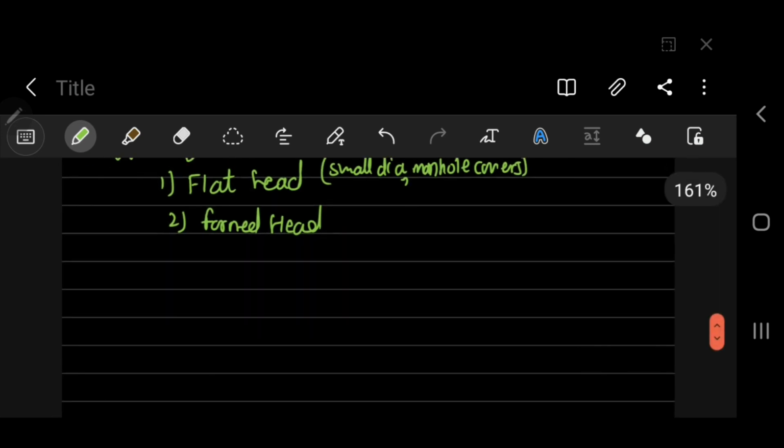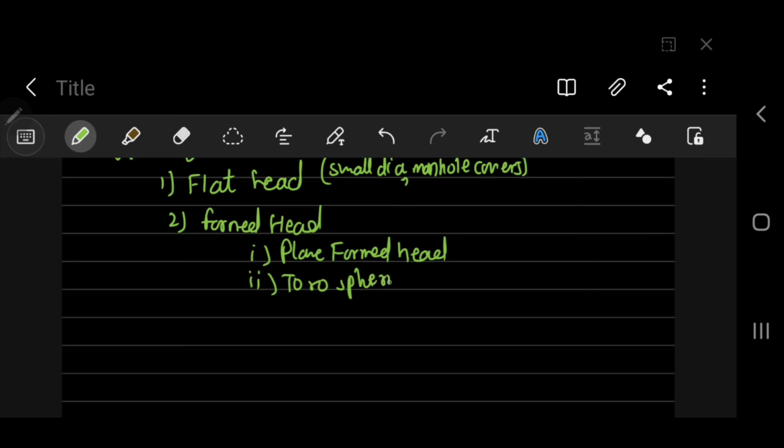The formed head is further divided into 5 parts. The first is the plain formed head. The second one is the torispherical head. Third is the elliptical head, the semi-elliptical head.